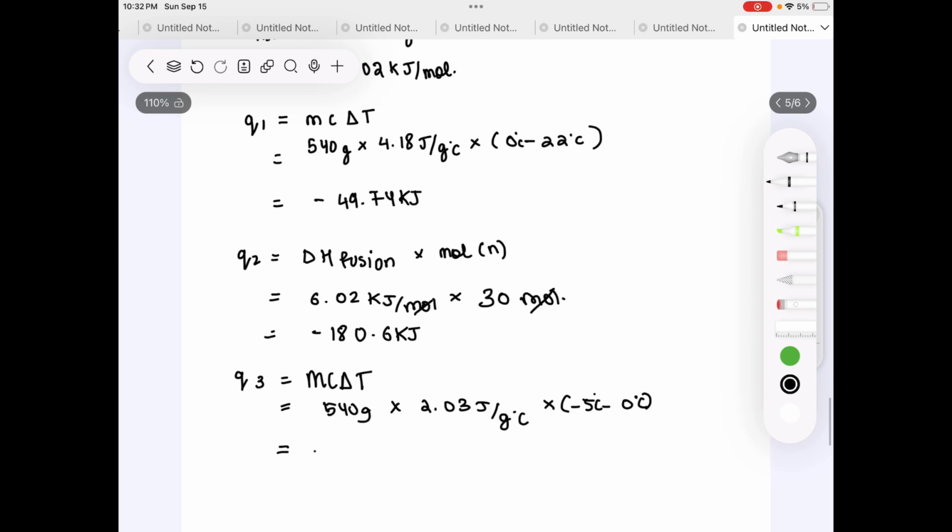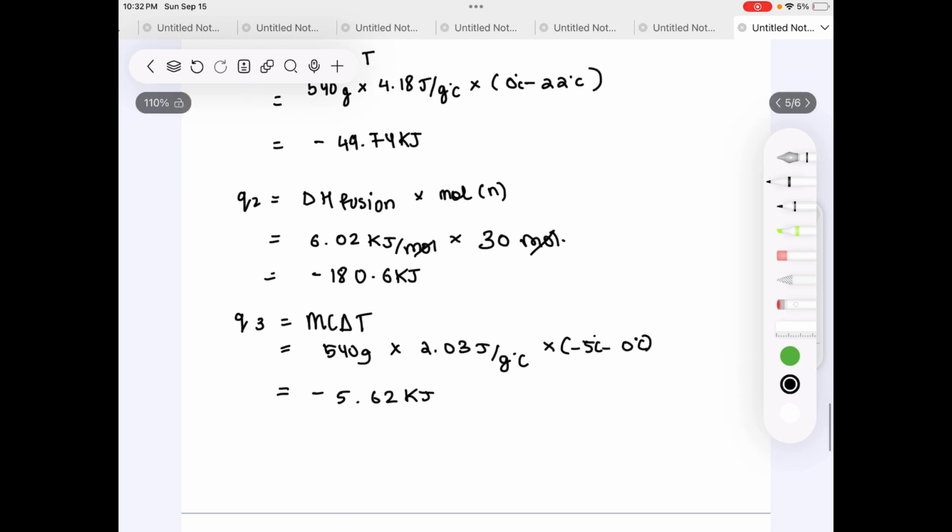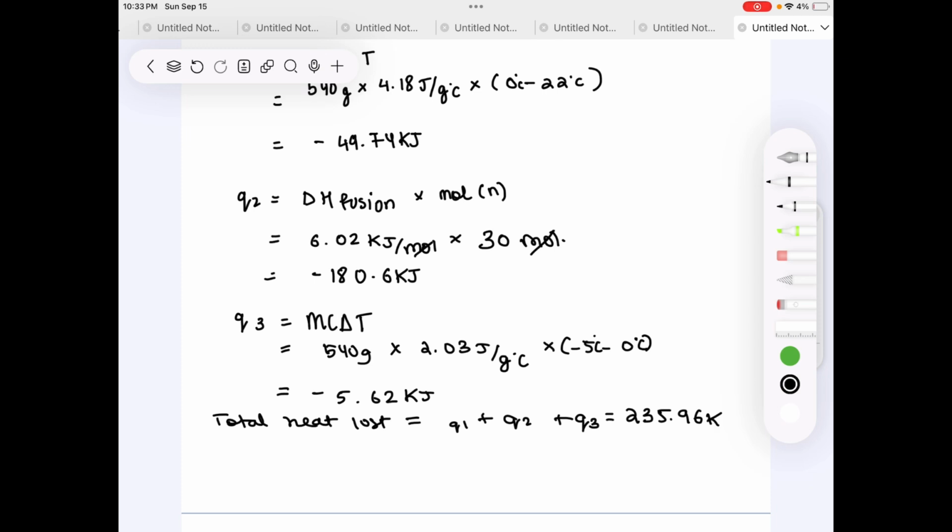This is equal to minus 5.62 kilojoules. The total heat lost is equal to Q1 plus Q2 plus Q3, which is equal to 235.96 kilojoules.